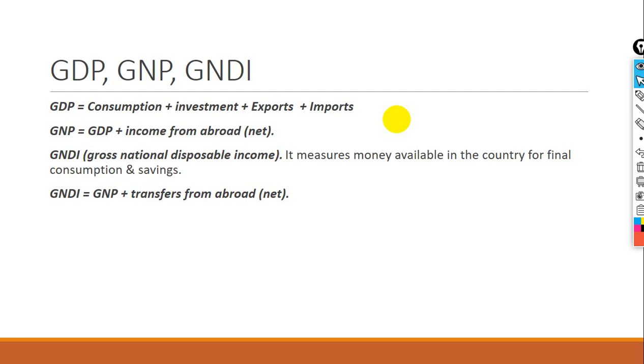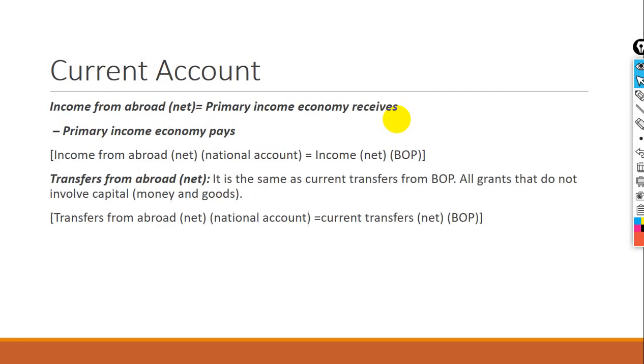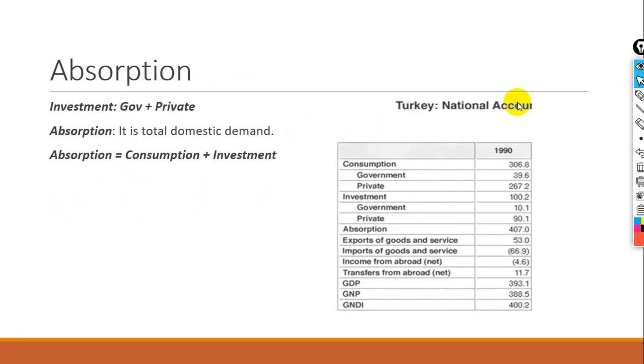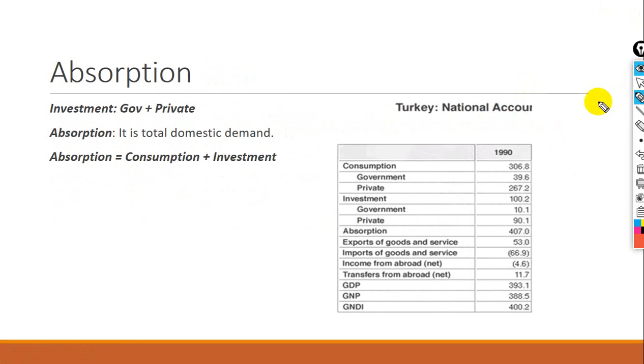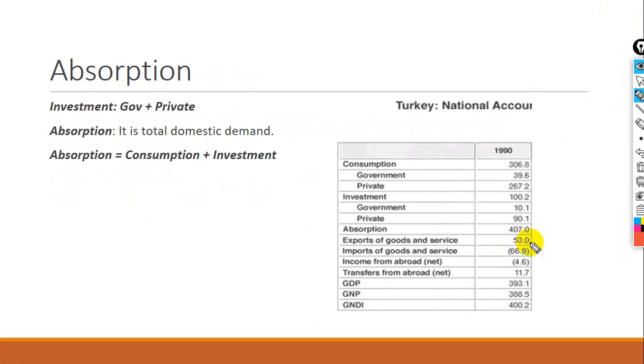GNDI is GNP plus transfers from abroad. So returning back to our example, we are going to add exports minus imports to absorption to find GDP.